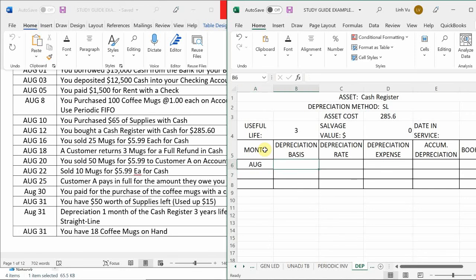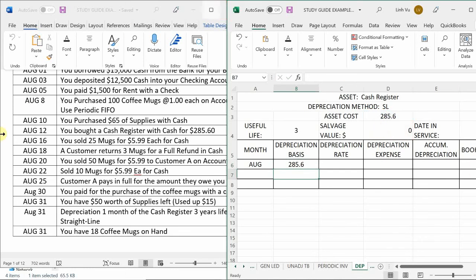What's my depreciation basis? 285.60. Right? Good. Because it is your asset cost minus salvage value, which in this case gives you 285.60.